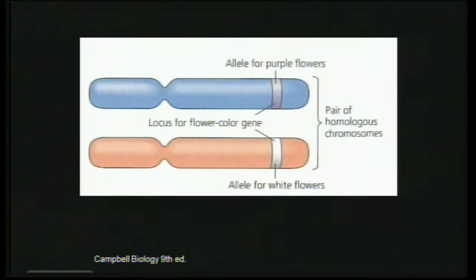So they should not be confused: genes and alleles. In this case, as is very clear in the picture, those 2 bands represent the gene for flower color, but they represent different flower colors, so you call them alleles. Okay. So the different versions of the genes are called alleles.